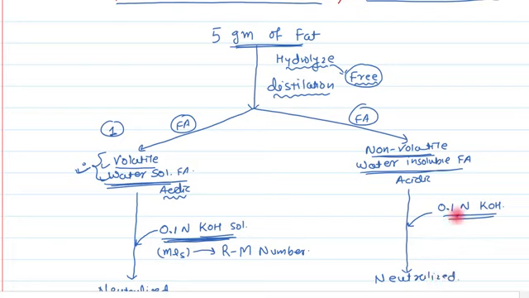Now you can easily imagine what the Polenske number will be. The Polenske number is the number of milliliters of this 0.1 normal KOH required to neutralize all the non-volatile water insoluble fatty acids obtained from the 5 grams of fat.